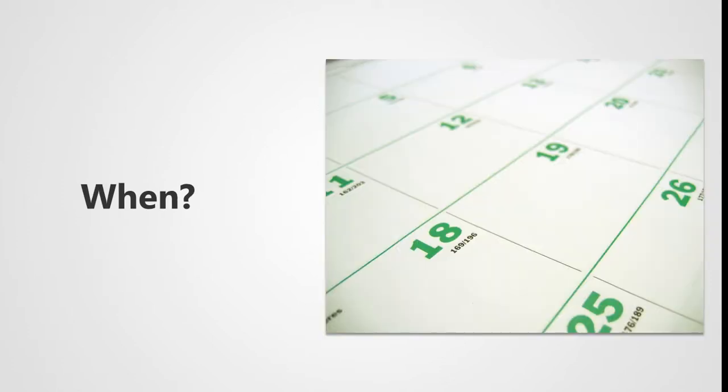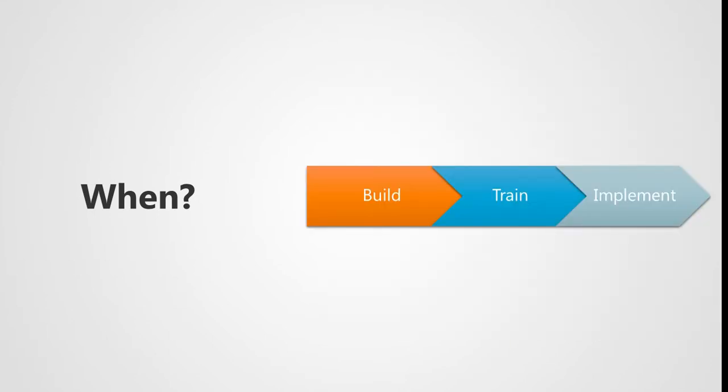We can also talk about when. Now, obviously, when can be answered by a calendar, but when can also be answered by a timeline of some kind. Now, as you can see, you can have a very simple timeline, an illustration of where we are. If we're talking about the training component that I'm interested in, I know that I come after the build of the product and before the implementation of the product, so that people can be trained before they have to implement that thing.